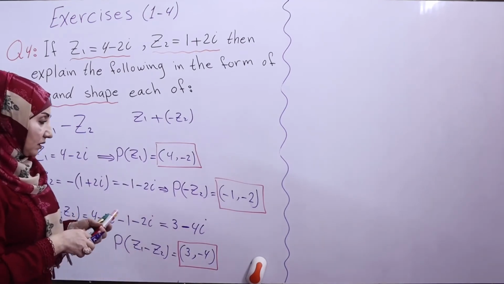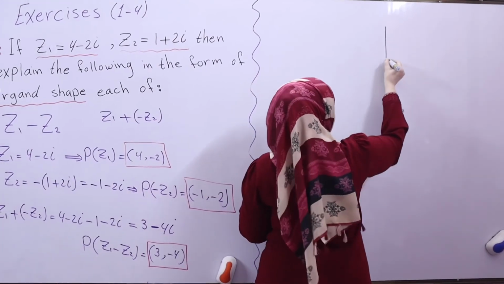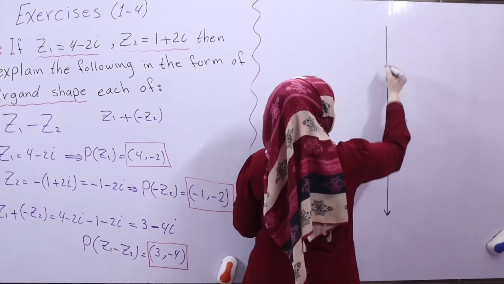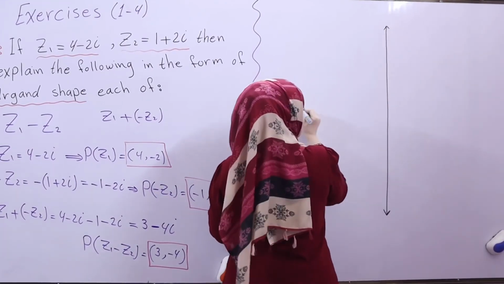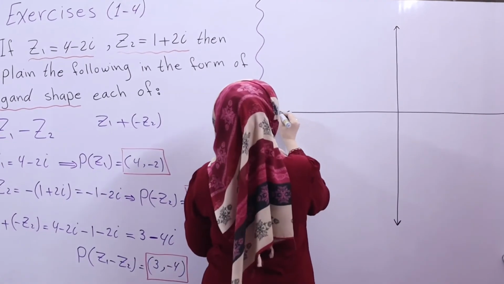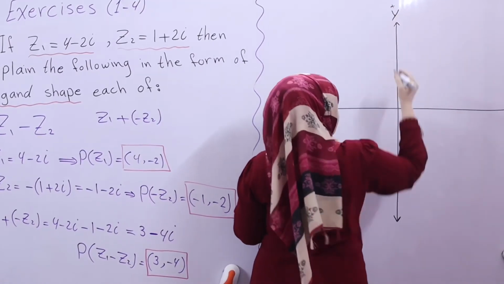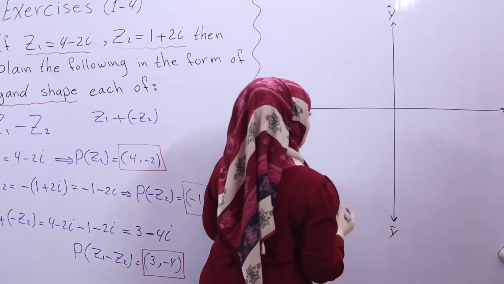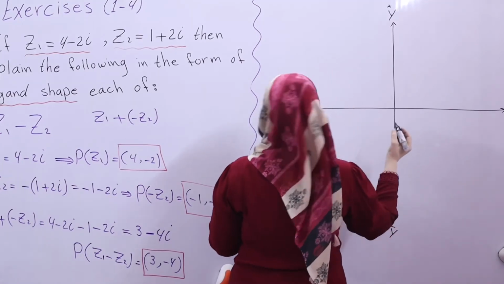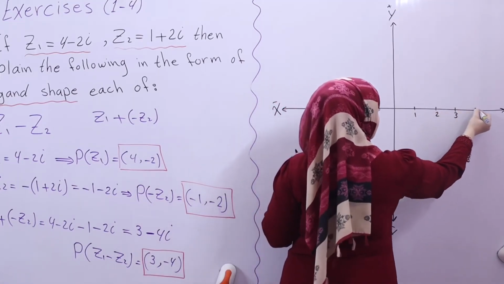So now we can represent them in the coordinate plane. So this is the y-axis and this is the x-axis. And we can write the points 1, 2, 3 as best as possible.